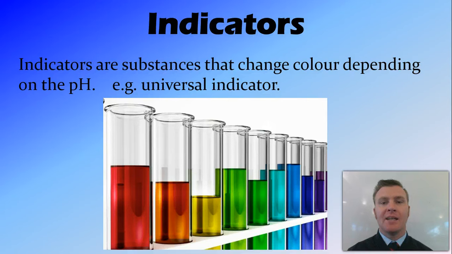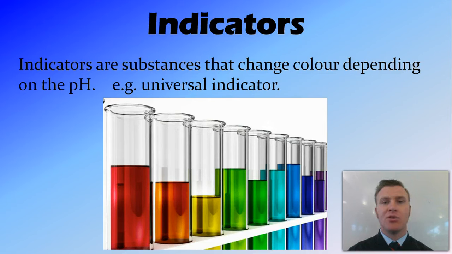An indicator is any substance that changes color in solution of a different pH. Now, one of the most common indicators we use is the universal indicator. And the reason that we use this is because it can show specific pHs because it has many color changes on the spectrum. It starts off red at the strong acids, so around 1 it'll be red.